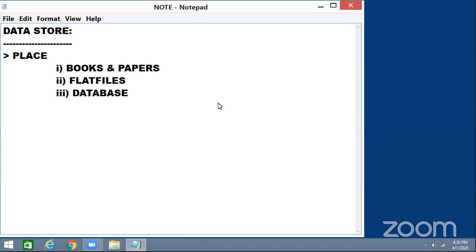First one, books and papers. Second one, flat files. Third one, database.